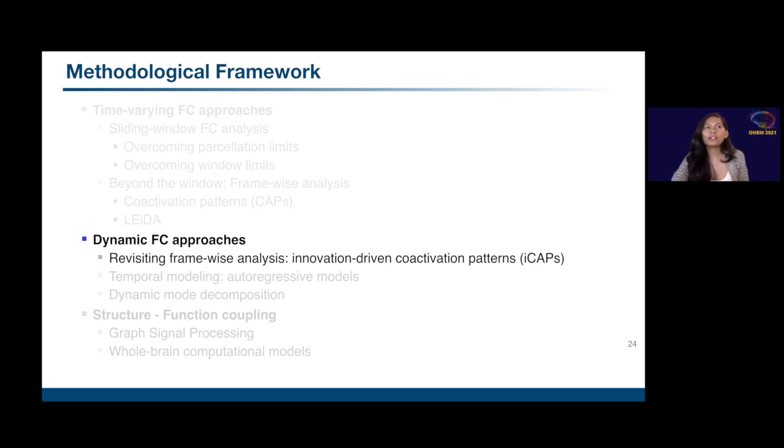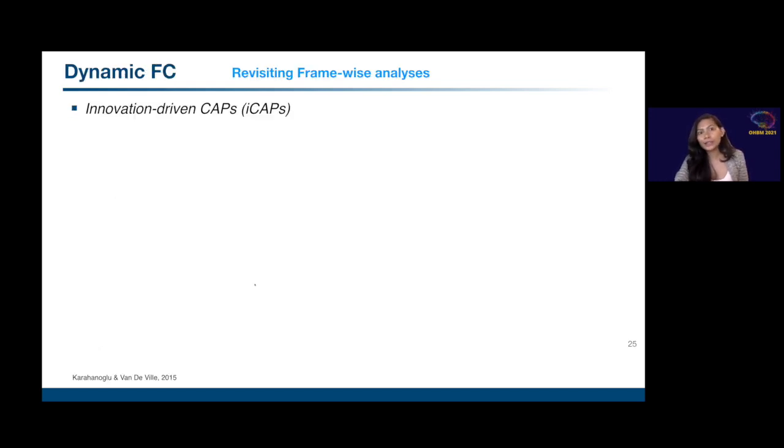Recalling that in CAPs we obtain frame-wise analysis, the same is being done in innovation-driven co-activation patterns, but instead of using the peaks, the significant frames, we use the innovation. But what do we mean by innovation?